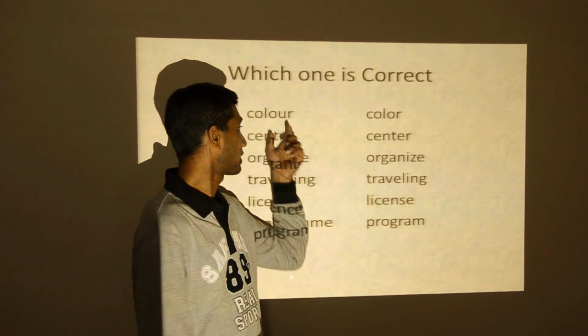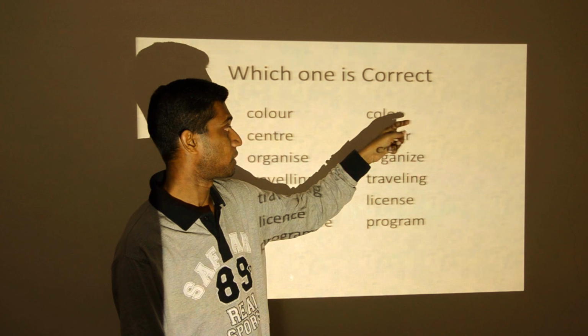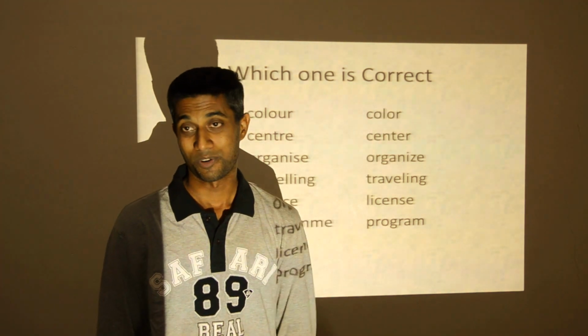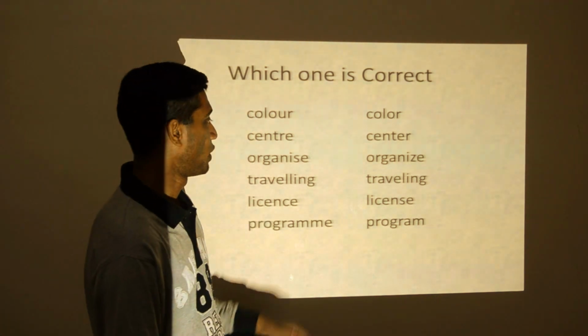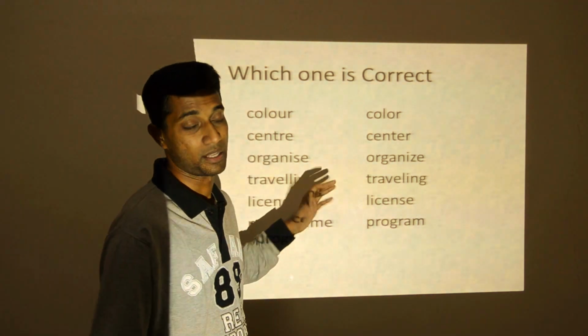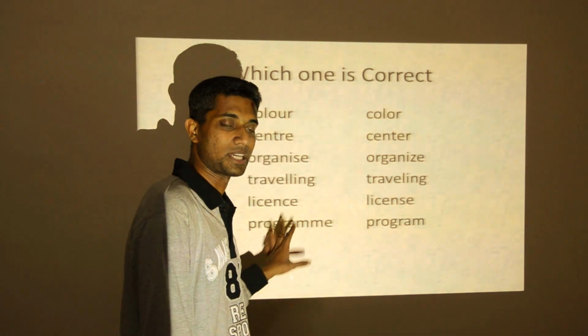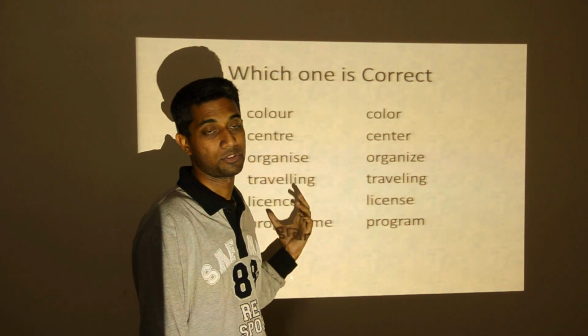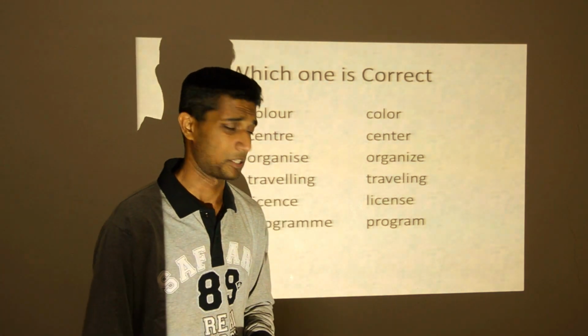So whoever has written color with U-R is correct, and the person who has written it with O-R is also correct. Now the question is which one is British and which one is American, because one series here is the British English and the other series is the American English.